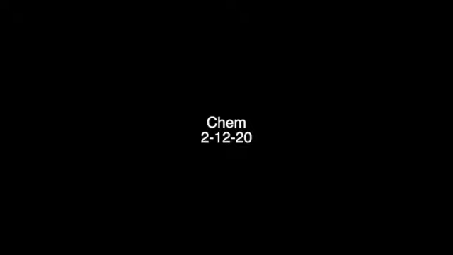So which one wins out? Well, it's going to depend on their Ka and Kb values. So if we look at these, we find that Kb for this is 1.8 times 10 to the minus 5. And then this Ka is 4.9 times 10 to the minus 10.